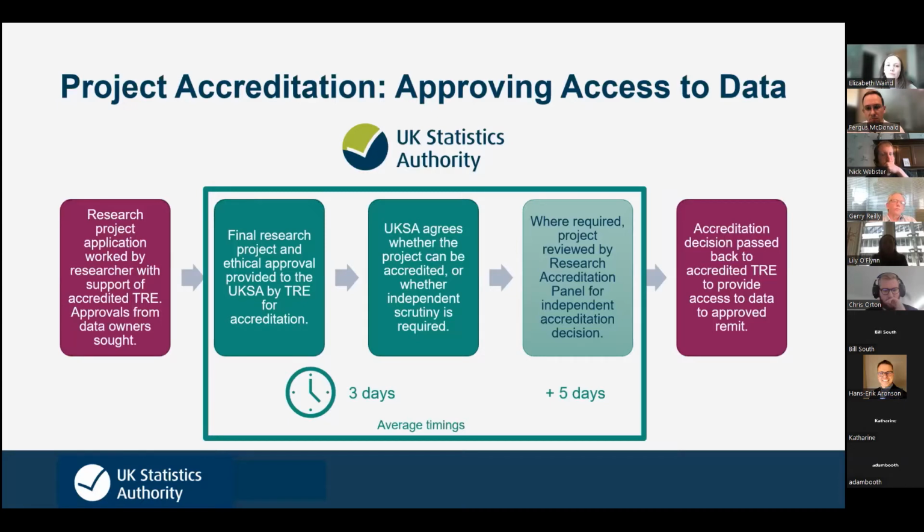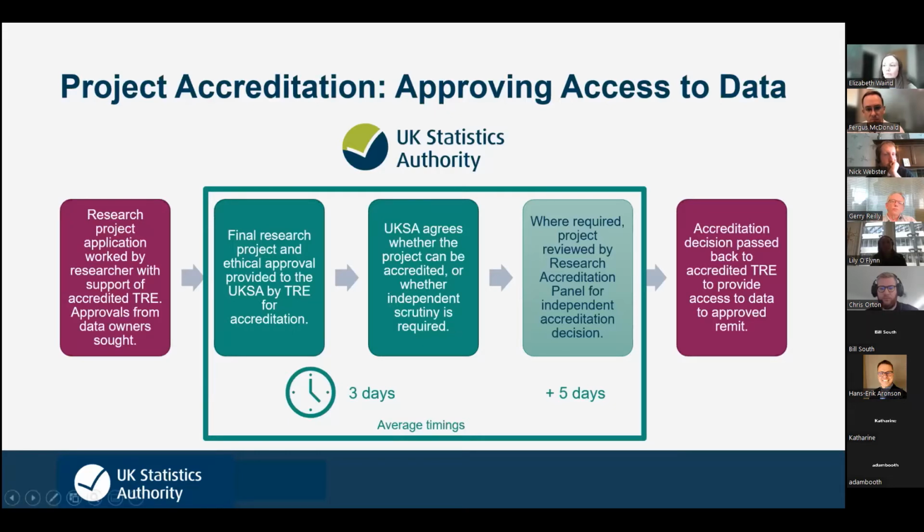You're either compliant with them or not. So we have developed and applied to each project an accreditation tool that enables us to ascertain whether that project can be accredited without that independent scrutiny or not, while still upholding and maintaining those robust accreditation standards.